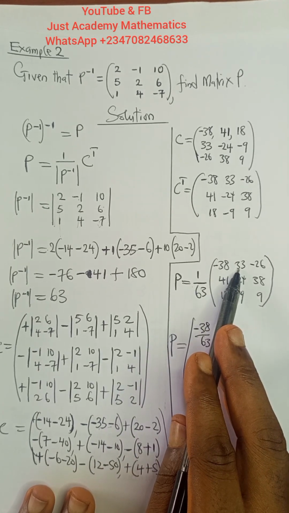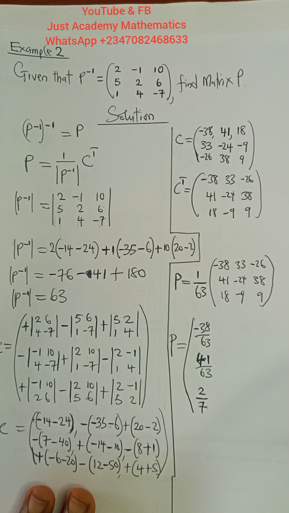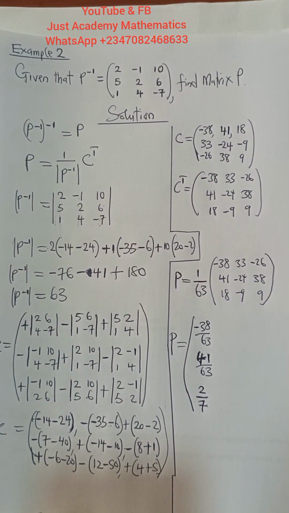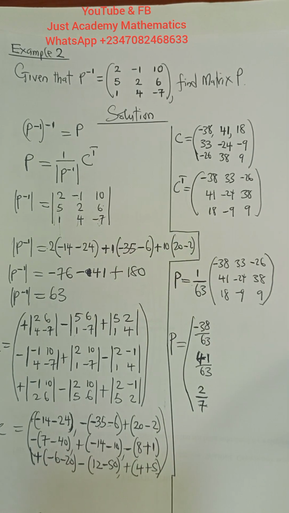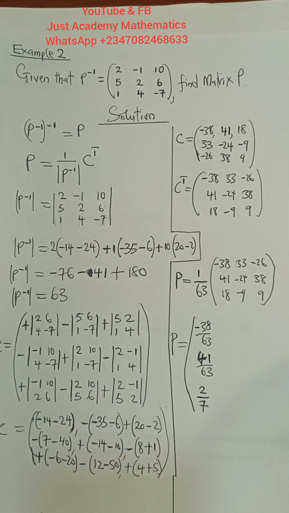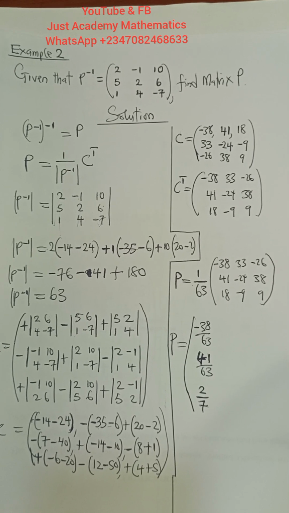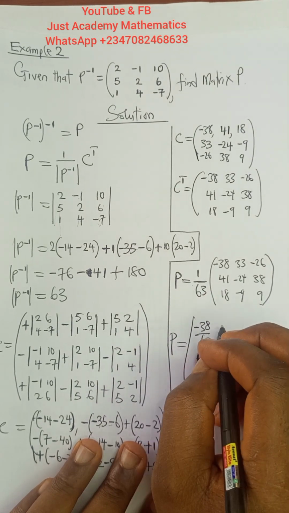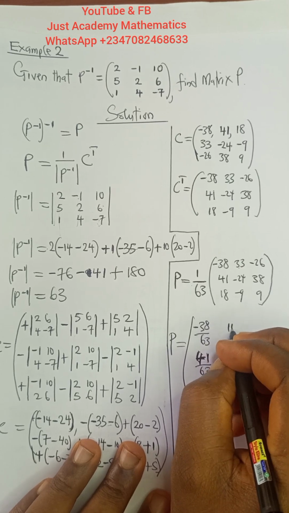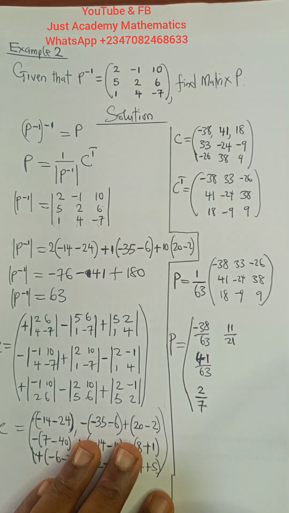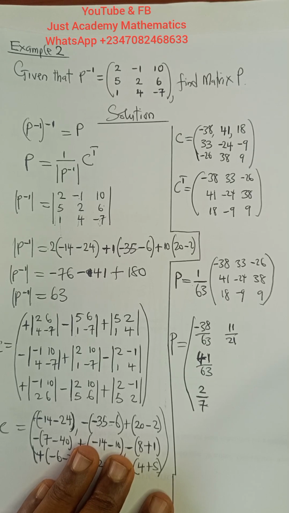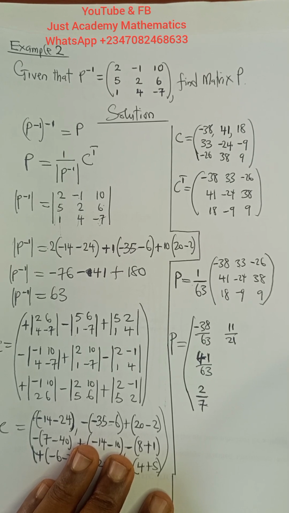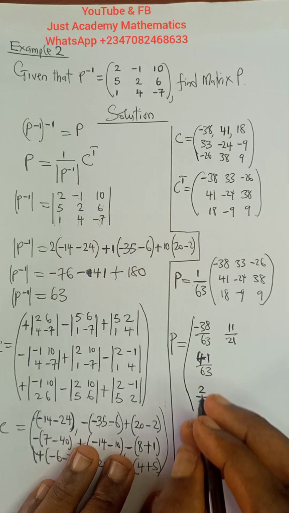Then here, 33 and 63. If I quickly reduce 33 and 63, 3 can go 11, 3 can go 21. That is 11 over 21. Then 24 and 63. 3 can go into 24.